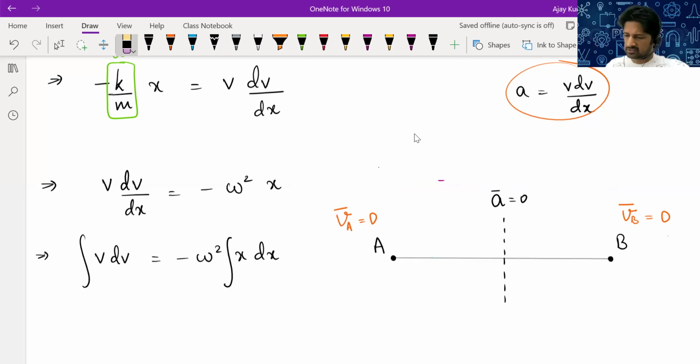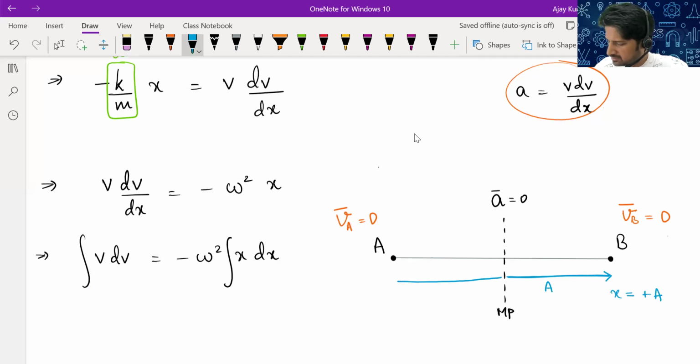Now see, as the object oscillates back and forth, there is one position where the net force on it is zero. We call that the mean position, right? One side of the mean position, we are calling it positive. The other side, we are calling it negative. Assume the object moves to a maximum distance of capital A on one side of the mean position. So displacement at the positive extreme will be x is equal to plus A. And assume it moves the same distance to the negative side as well.